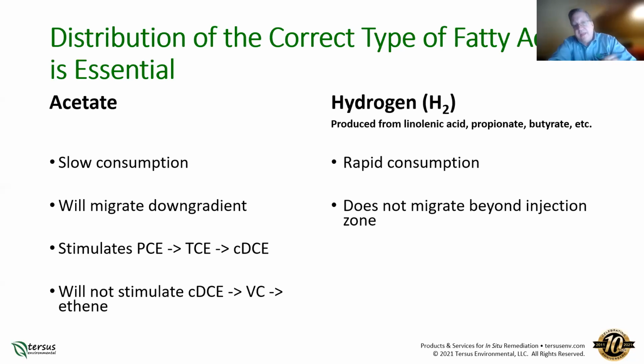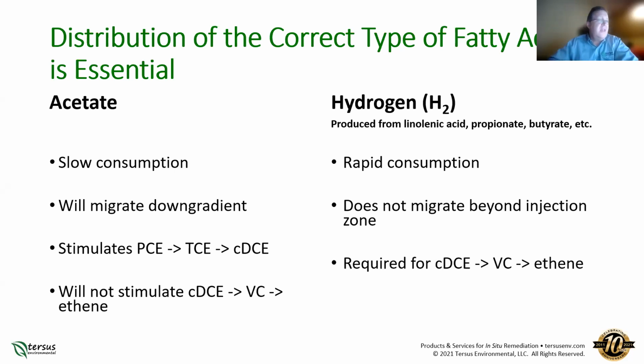That prompted us to create a method where we can increase the production of the correct type of volatile fatty acids, distributed further down gradient, so we can generate hydrogen well beyond the injection zone, as is required for cis-DCE to vinyl chloride to ethene.